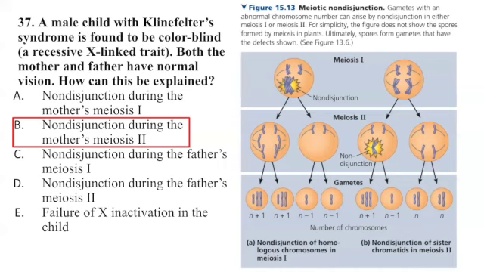So therefore, the non-disjunction had to have occurred in meiosis 2, because during interphase 1, the egg cells would have 2 copies of the normal chromosome and 2 copies of the abnormal, right? 2 copies of the recessive diseased trait.